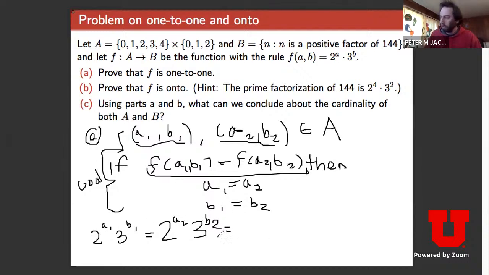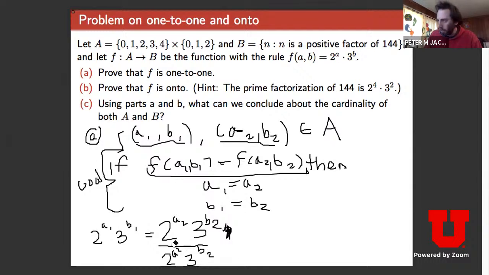So the first thing that we're going to do is divide by 2 to the a2 and 3 to the b2. So when we divide by 2 to the a2, 3 to the b2, sorry, that's not a square.